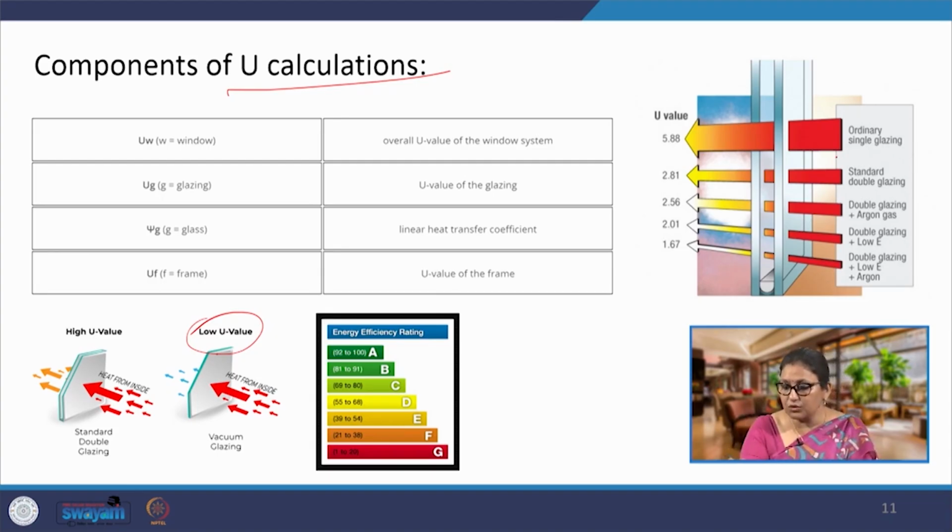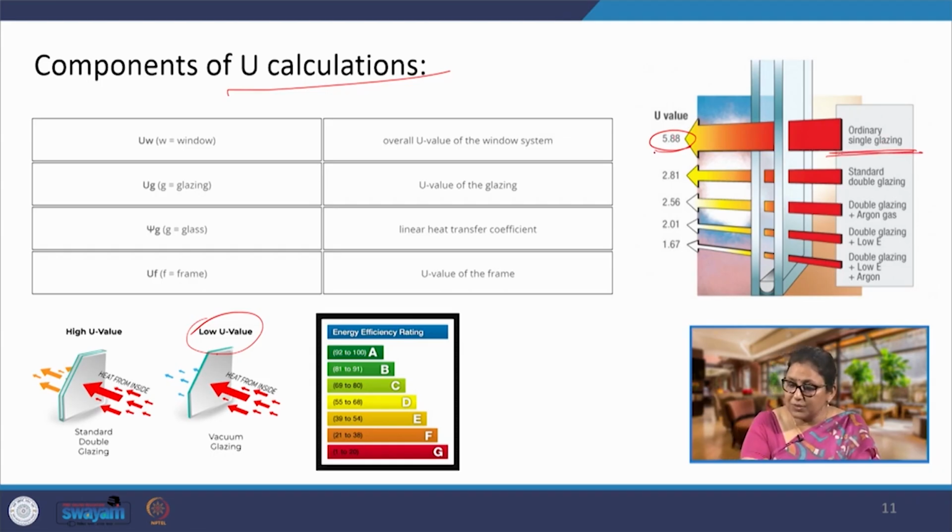Now, if you look at ordinary single glass, which is the single clear glass or any other glass, reflective glass, but not low E, not low emissivity glass, it will have a U value of 5.88, approximately 6. This is watts per meter square degree Kelvin, the unit for U value.